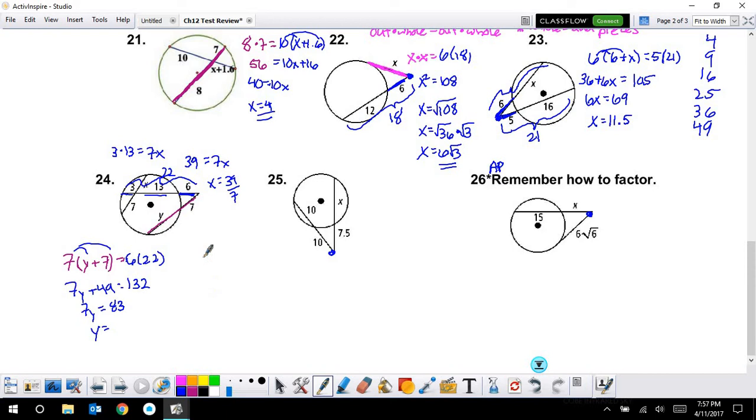you end up getting, let's see what the decimal is here. Probably haven't done long division in a while.